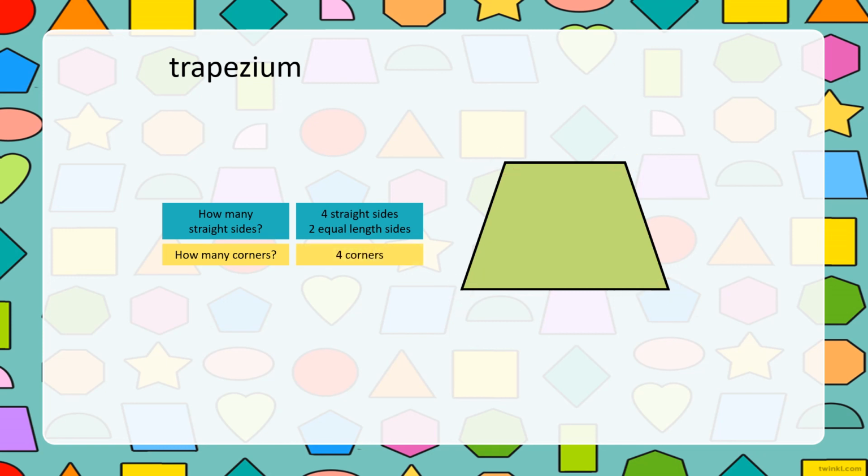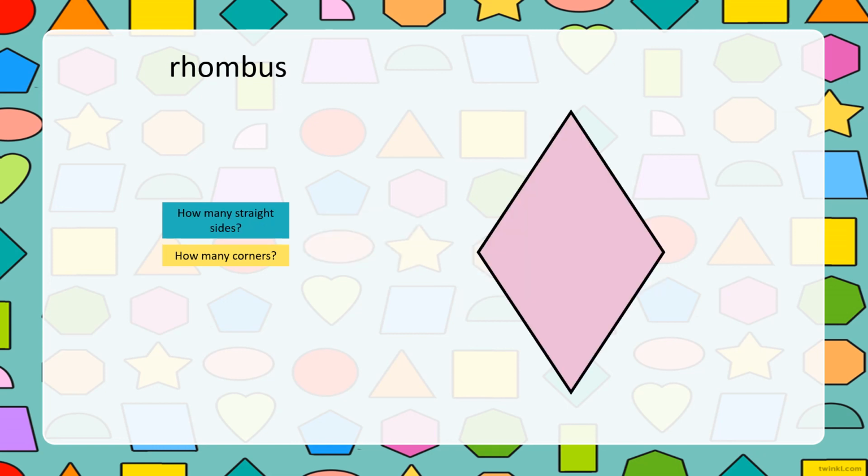And also 4 corners. This trapezium is a quadrilateral. This shape is called a rhombus. How many straight sides? 4 straight sides, 4 equal length sides. This rhombus has 4 corners. This rhombus is also a quadrilateral.